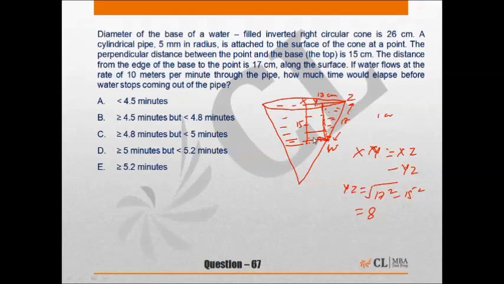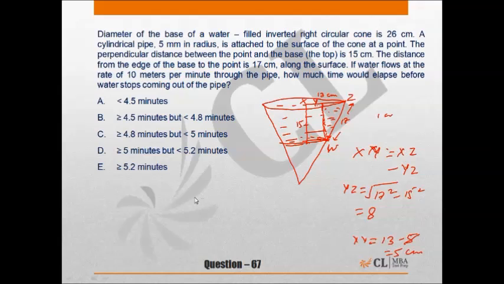So from here we get the radius of the lower part of the frustum as xy, which is 13 minus 8, that is 5 centimeter. Now we have the height as well as the base radius and top radius of the frustum.